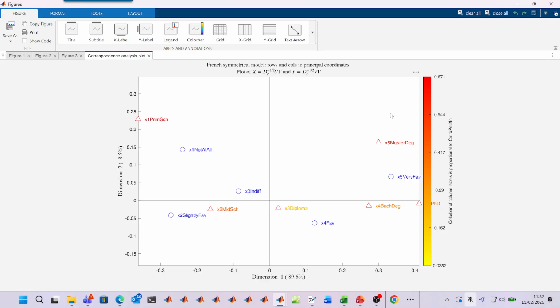So you can see what are the most relevant points, those which have the largest contribution to the inertia, and it is in this case master and primary school, which are much distanced in this space, and they are on opposite sides, these two.